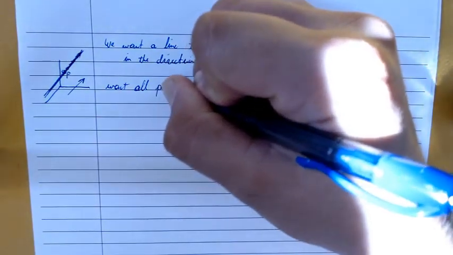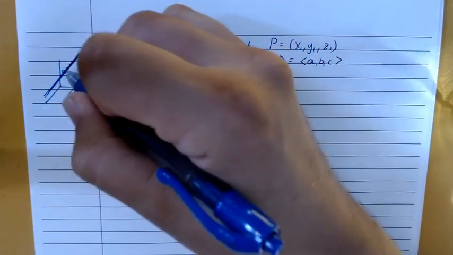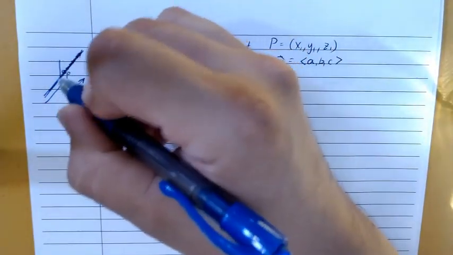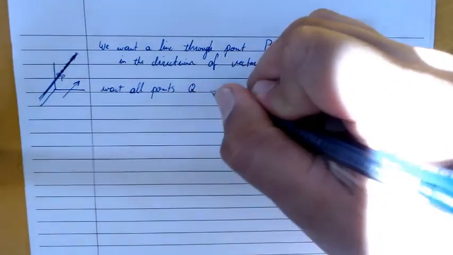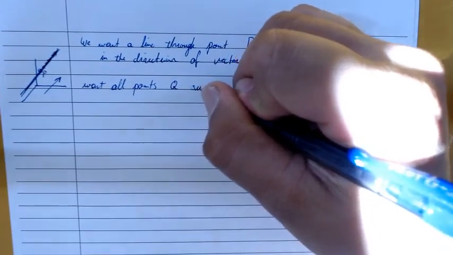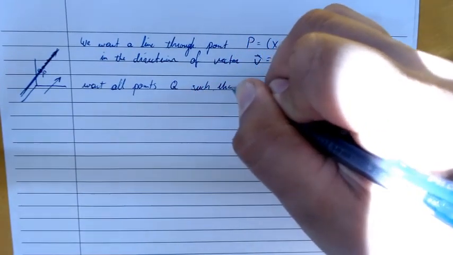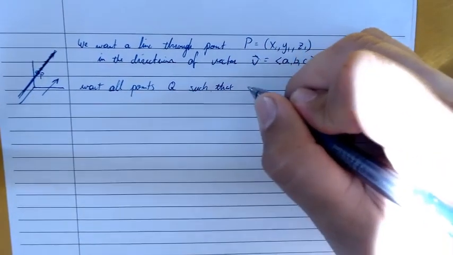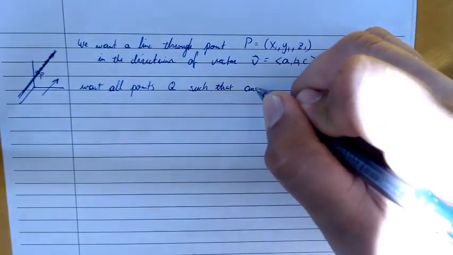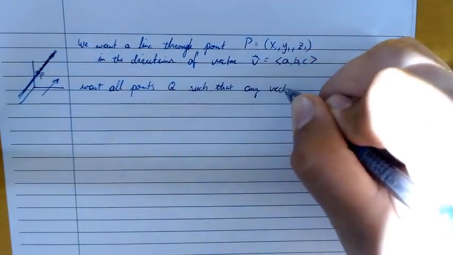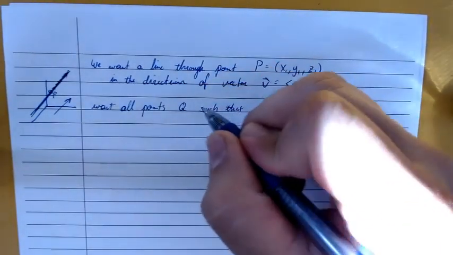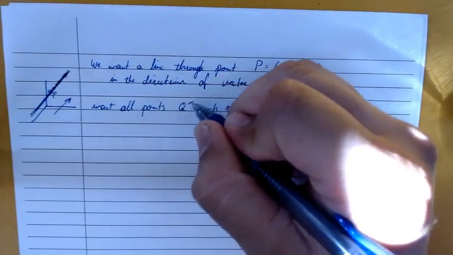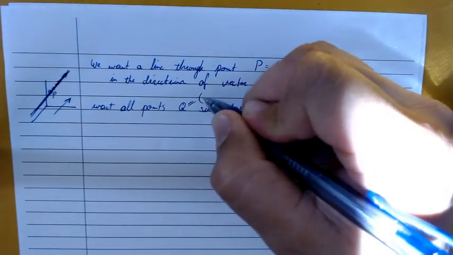We want all points. Here, that one's called P. We'll call some random point on the line Q. We want all points Q such that any vector, and you know what, let me give Q a label.